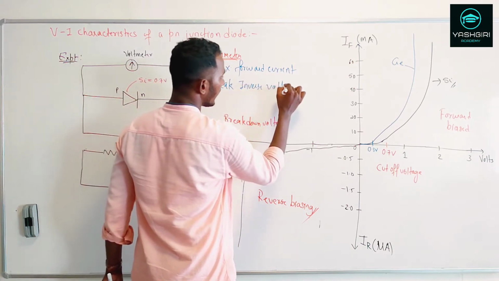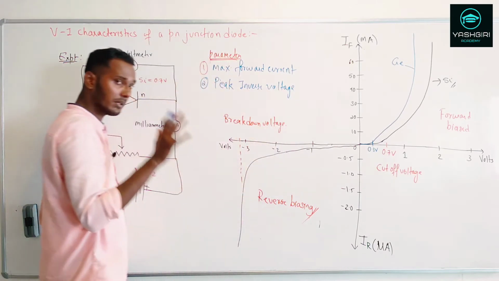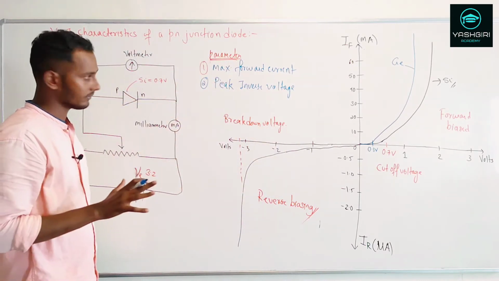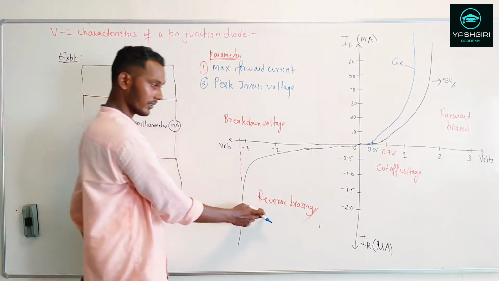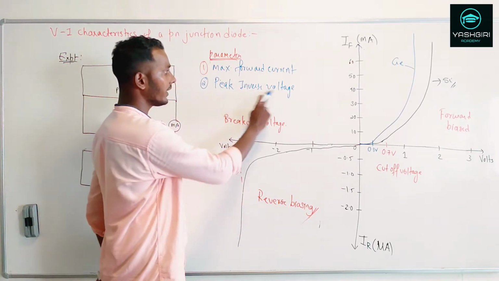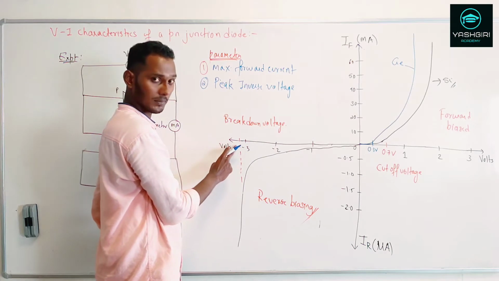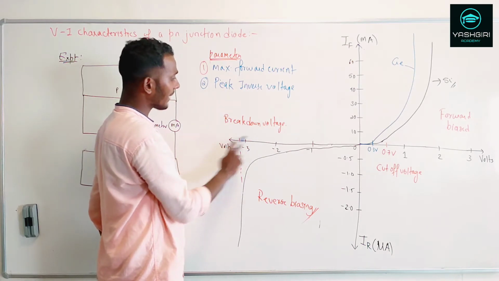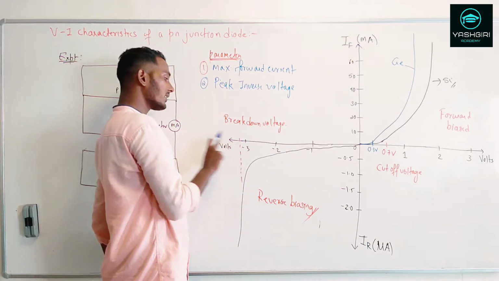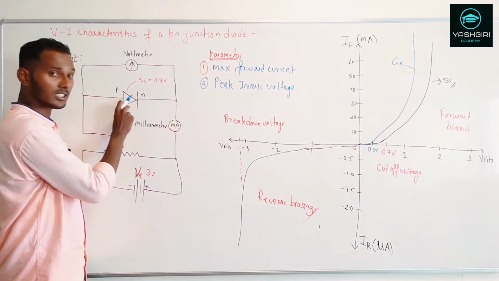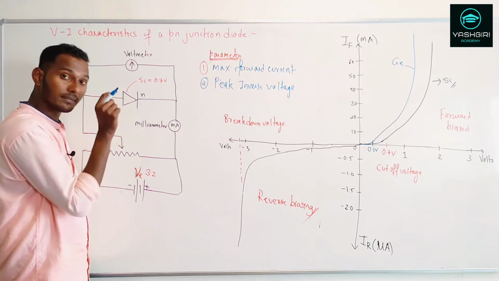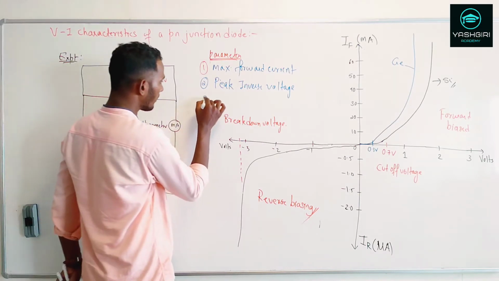Peak inverse voltage is the maximum voltage that we can give to this PN junction when it's reverse biased. Here in this case, the peak inverse voltage will be something like 3 volts. That is the maximum limit. If you cross this limit, you will find that the junction inside this diode is permanently destroyed. So that's the peak inverse voltage.